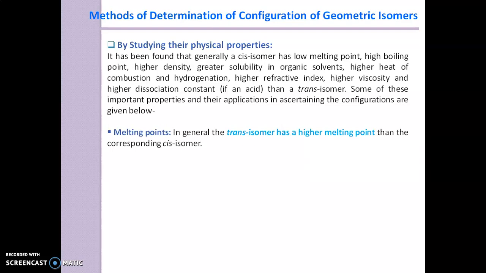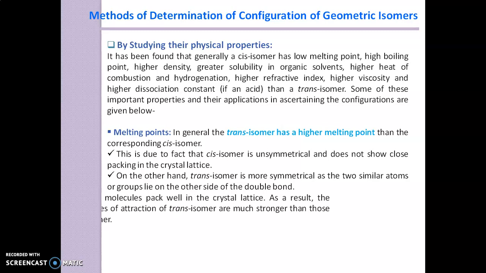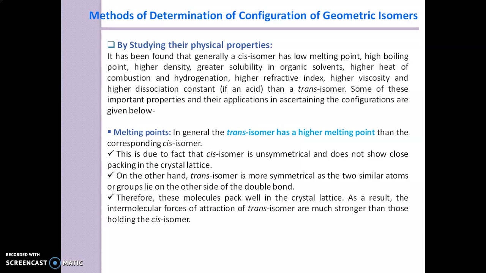In general, the trans isomer has a higher melting point than the corresponding cis isomer. This is due to the fact that the cis isomer is unsymmetrical and does not show close packing in the crystal lattice. On the other hand, the trans isomer is more symmetrical as the two similar atoms or groups lie on the opposite sides of the double bond, and therefore these molecules pack well in the crystal lattice.